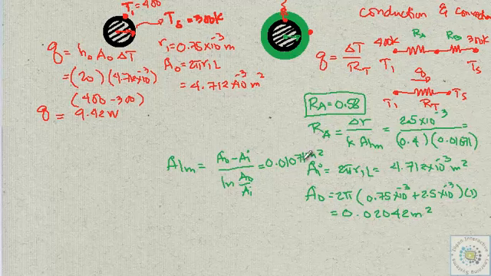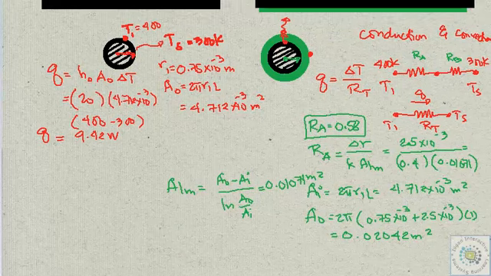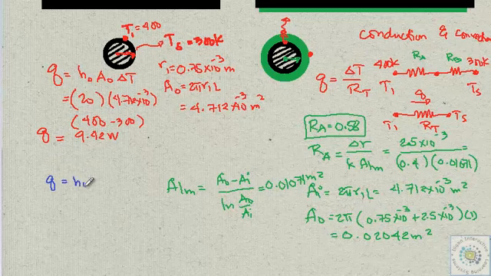Similarly, for air, in terms of resistance, if this undergoes convection, then Q will just be h_o, area outer, times delta T. If you equate that to find the resistance, this must be the same as delta T over R, in this case RB, which we're looking for.